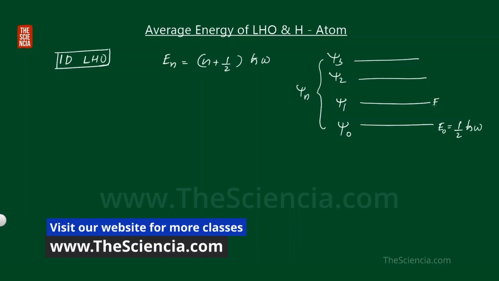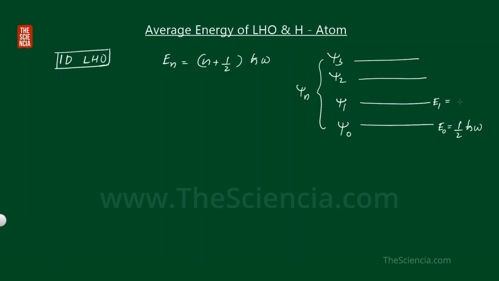The energy of the first excited state, substituting n equal to 1, is 3 by 2 h cross omega. E2, substituting 2, is 5 by 2 h cross omega, and so on. These are the states and corresponding energies of a 1D linear harmonic oscillator.